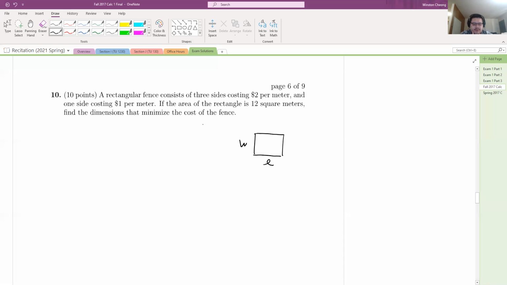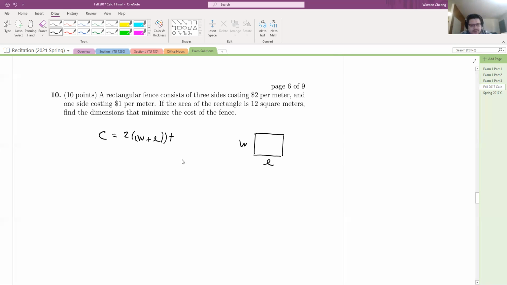Okay, we want to minimize the cost. So what I can do is I'll say that cost is equal to 2 times 2 width plus length. You can basically interchange length and width. So we're just going to choose one of the directions, and then the other one is going to cost.